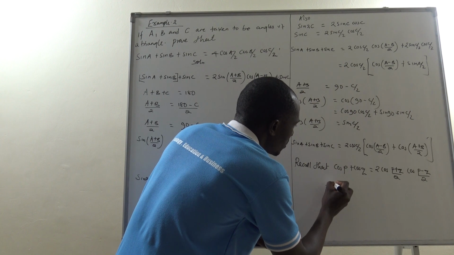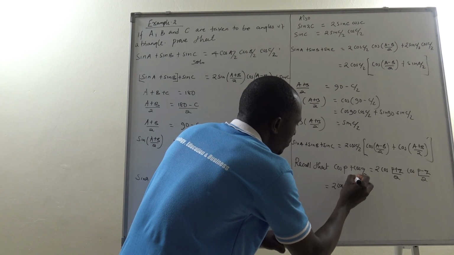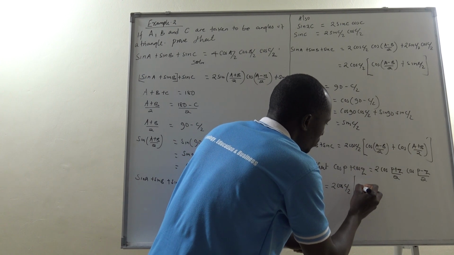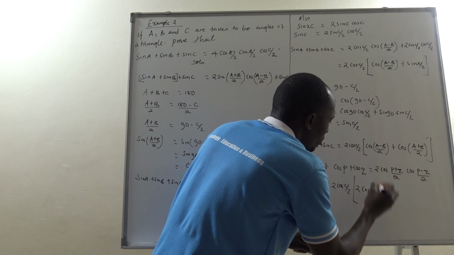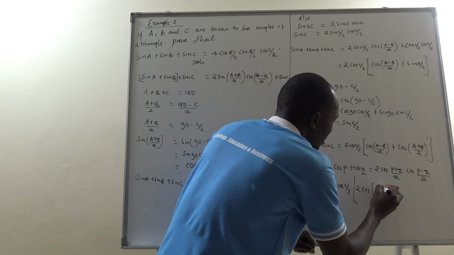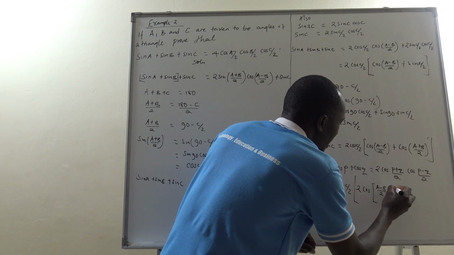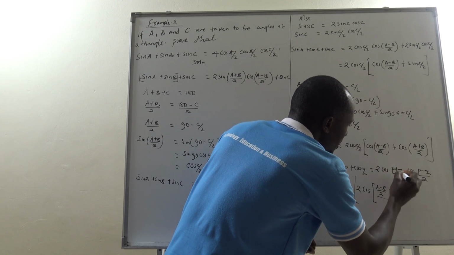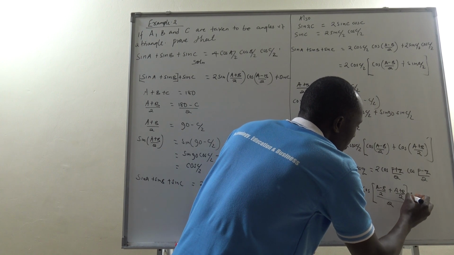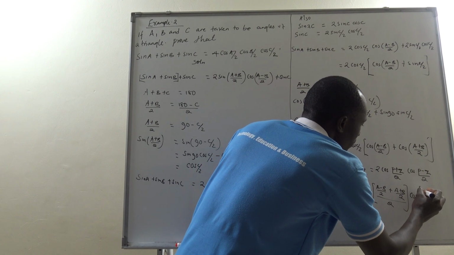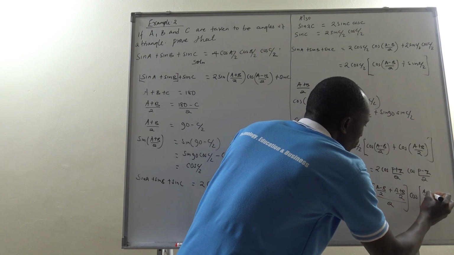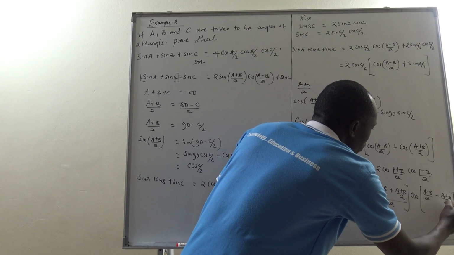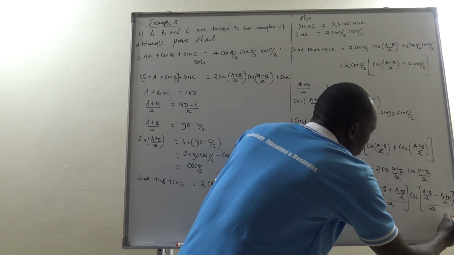So this becomes 2 cos C by 2 into 2 cos of A minus B out of 2 plus A plus B out of 2, the whole of it by 2, as the formula states, again cos of A minus B out of 2 minus A plus B out of 2, the whole thing out of 2, close our bracket.